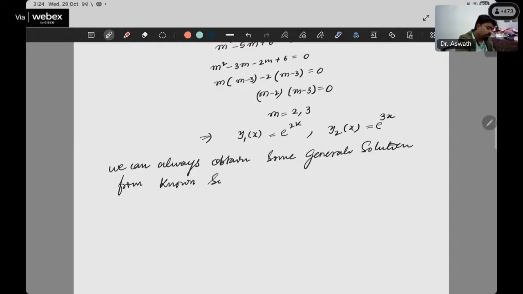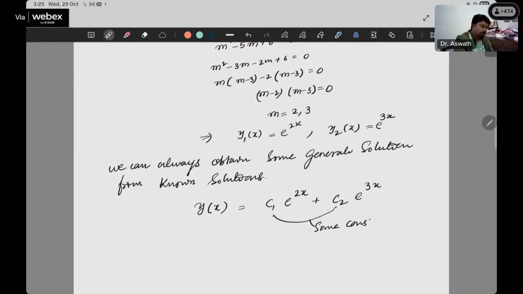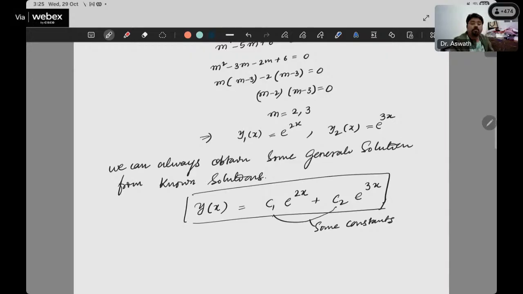I have two solutions. From there I can derive one other solution, which would be y of x is equal to c1 exponential 2x plus c2 exponential 3x, where c1 and c2 are some constants. So this is how linear homogeneous differential equations are going to possess solutions like this.